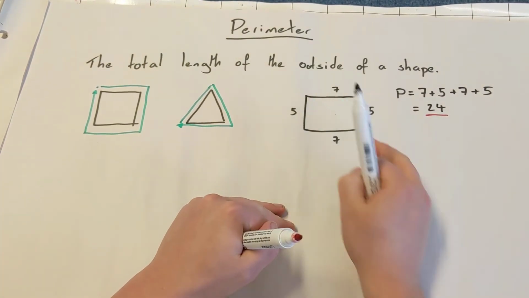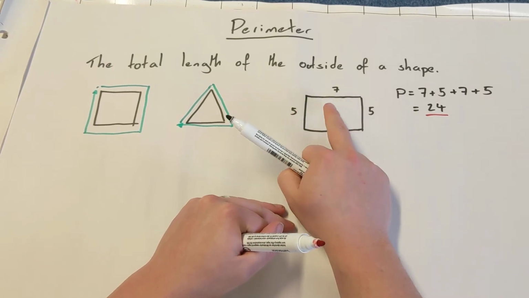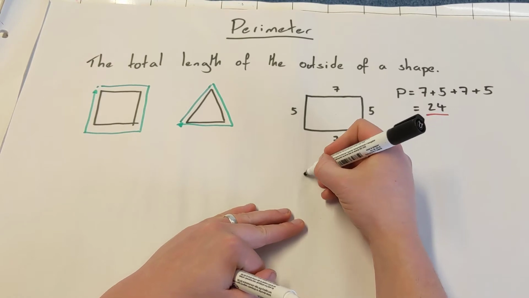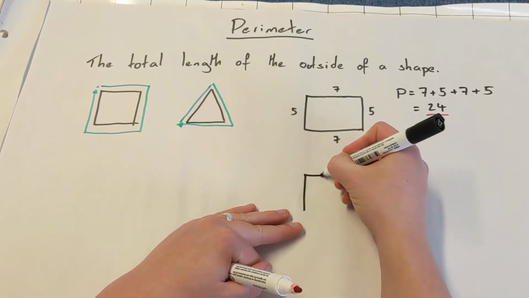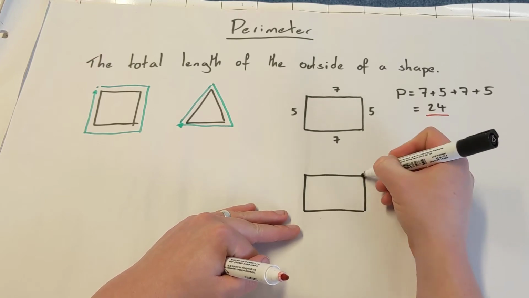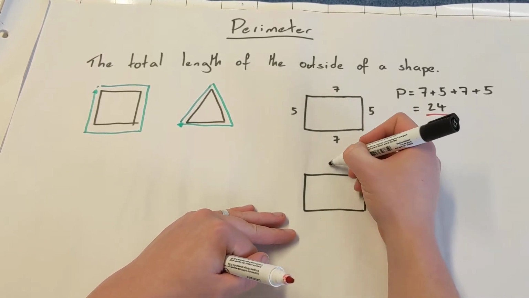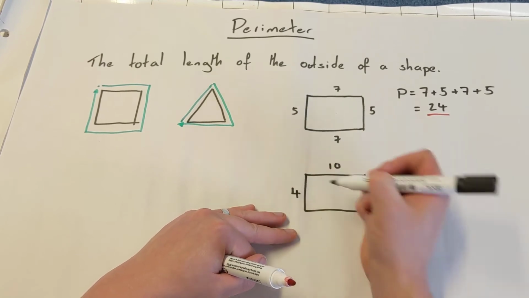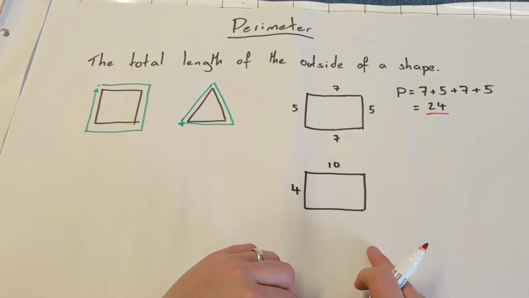Okay? But we won't always get one where every single side is labelled. Let's say, for example, we had the same setup, same rectangle, and I'm going to tell you now that this side is 10 and this side is 4. Well, we can fill some in, can't we?